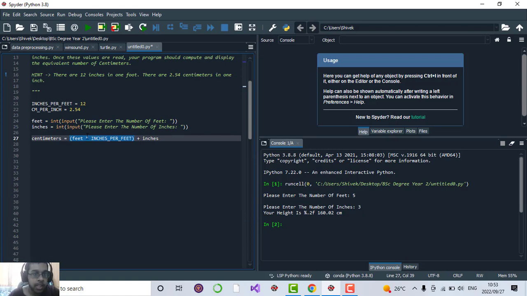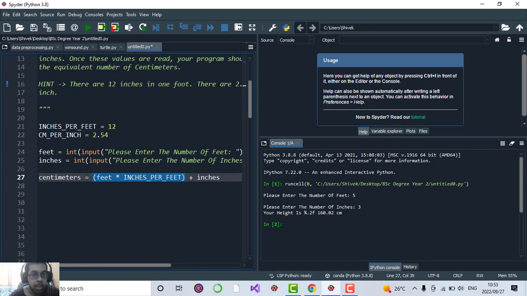And since that's in inches, we also add it to the number of inches that was entered by the user. Excellent. So this entire operation is giving us a metric of inches.